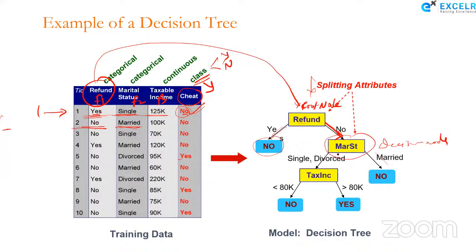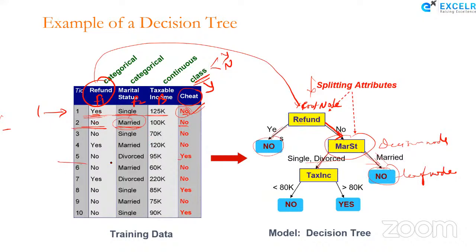Based on that, the data point flows through one branch or the other. This one says he is already married, so there is less chance of that person taking risk and cheating the income tax department. We go directly to the no leaf. This person will not cheat, and we have labeled him as no.